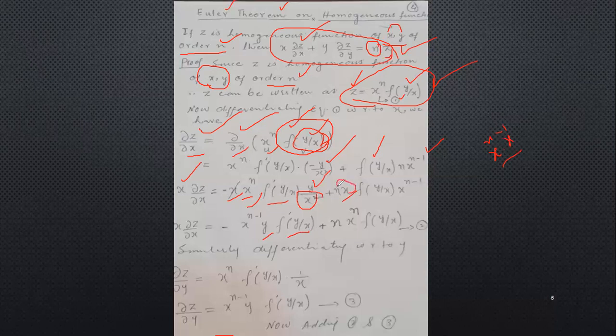Now x multiplies the second term: the base is the same, so minus 1 plus 1 cancel, and we get x power n. f of y divided by x is the same. Say this is equation number 2.